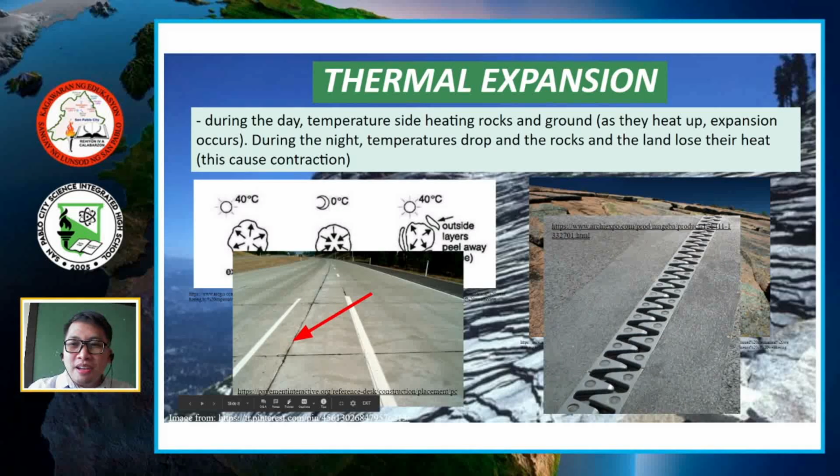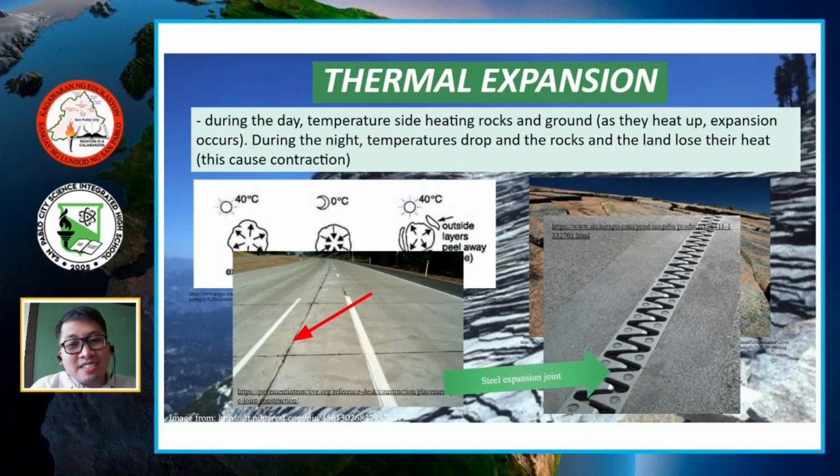And may mga countries na gumagamit nito. These are what we call as steel expansion joint. This is ang innovation na kapag nag-expand yung ating daanan itong mga joint na to ay magko-collide. So para maiwasan yung pagka-crack ng mga daanan natin or daanan ng mga sasakyan. Ang thermal expansion, pwede rin siyang maganap sa ngipin natin.